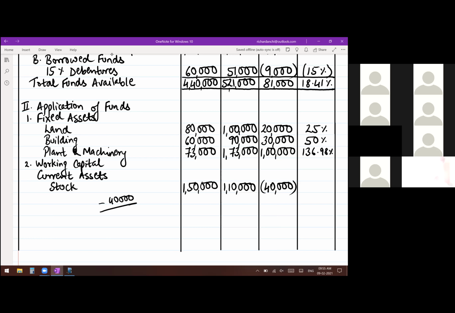Minus 40 divided by 1,50,000 into 100. Yes, what is the percentage change? Minus 26.6%, and it is negative.